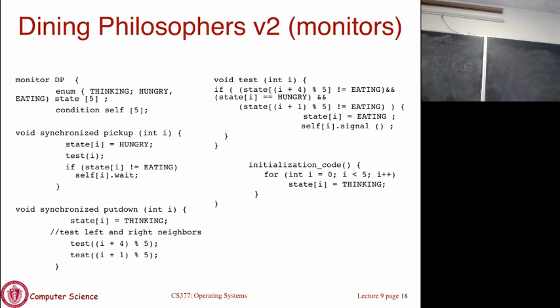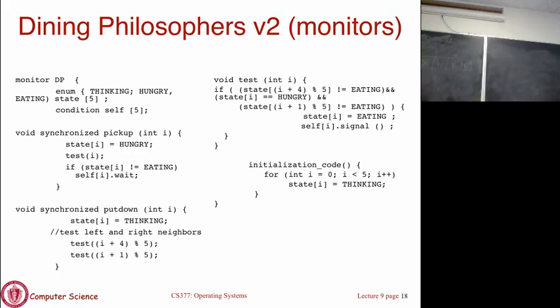And so then we're going to call test i. What test i is basically doing is saying, is my left neighbor eating or my right neighbor eating? Because if either of those is true, I know that I'm not going to be able to pick up both my chopsticks and start eating.